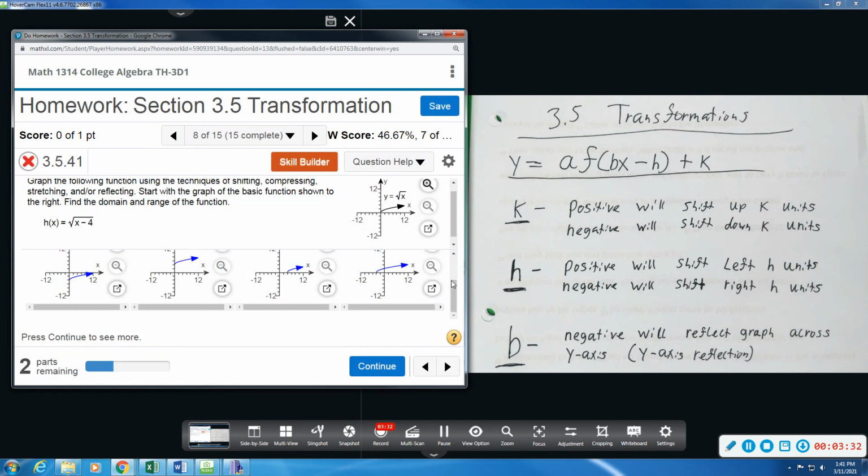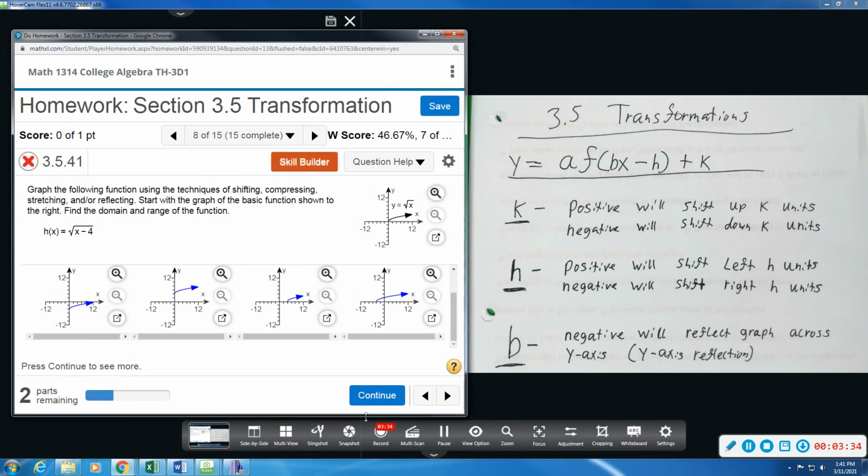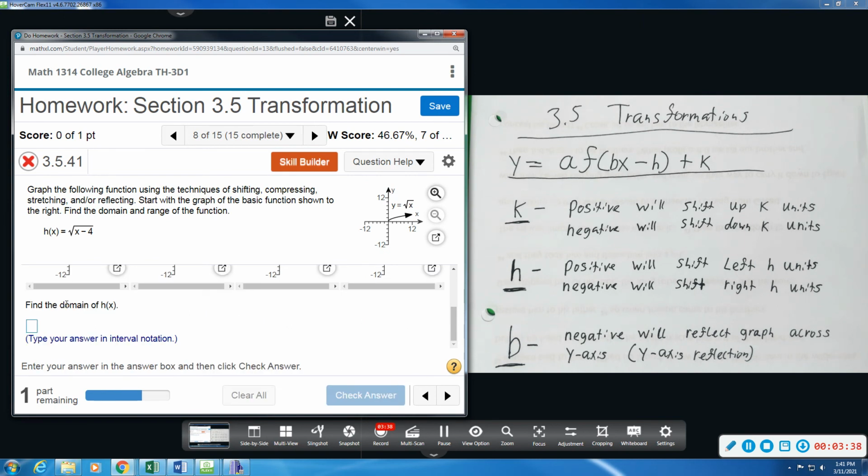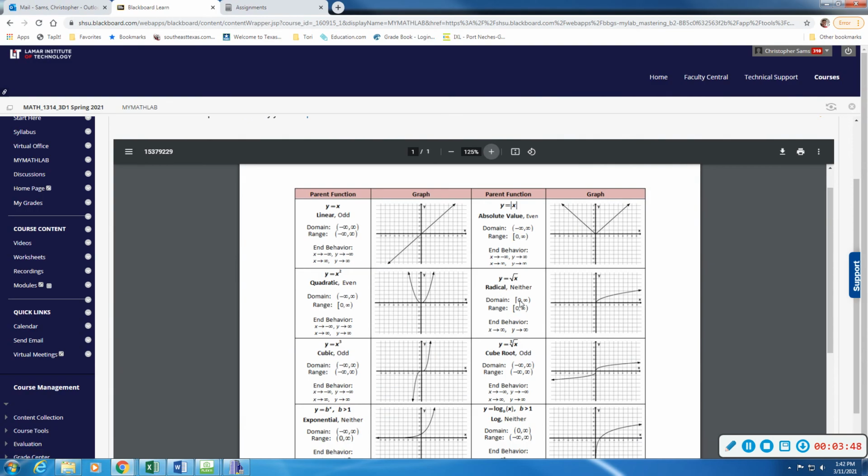And then when we move down, we're going to be looking at domain. So I want to find the domain of this function here. The original domain was from 0 to infinity. When we move this right 4 units, we're now starting at 4. So instead of starting at 0, we're going to start at 4, and it's still going toward infinity.